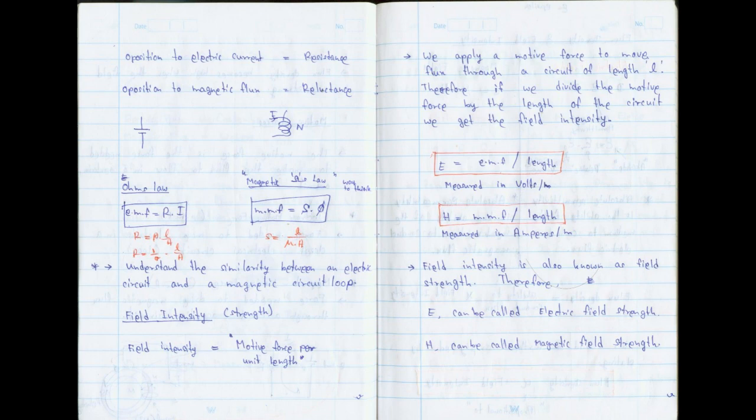Okay, so EMF per unit length is electric field strength. Something I forgot here: the term field intensity is sometimes called field strength. Field strength and field intensity mean the same thing. Field intensity is also known as the field strength.